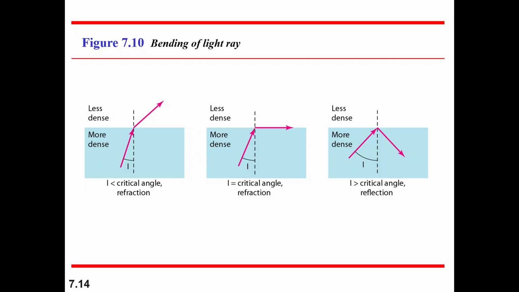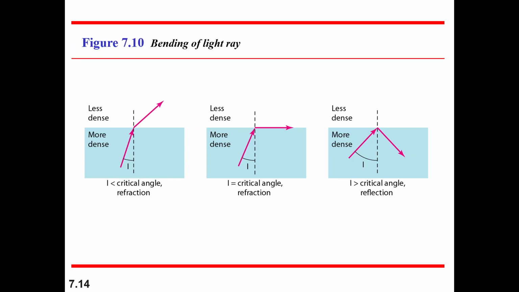the direction. The figure shows how a ray of light changes the direction when going from a more dense to a less dense substance. As the figure shows, if the angle of incidence I, the angle the ray makes with the line perpendicular to the interface between the two substances, is less than the critical angle, the ray refracts and moves closer to the surface.